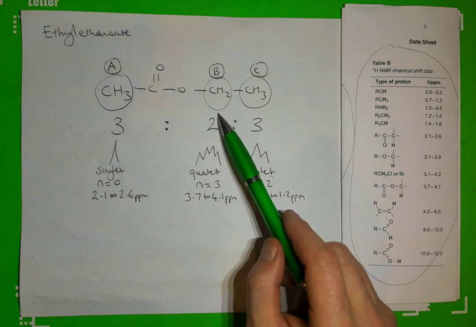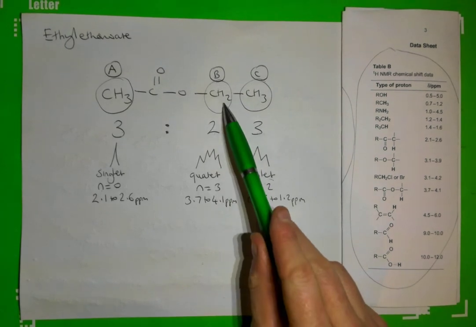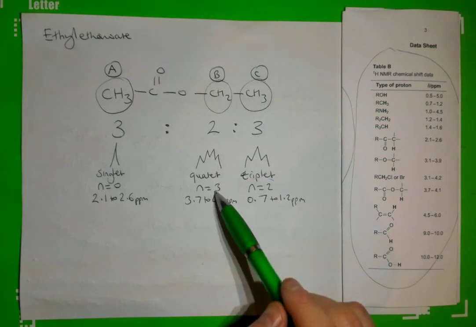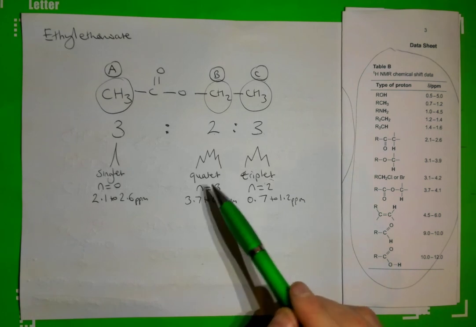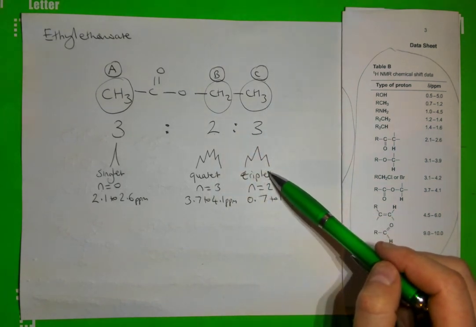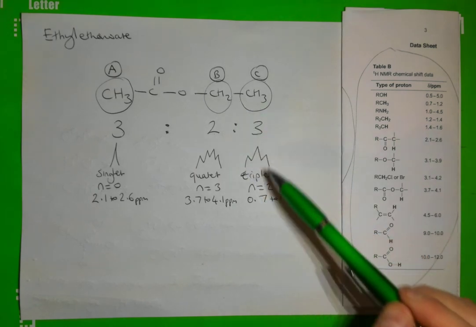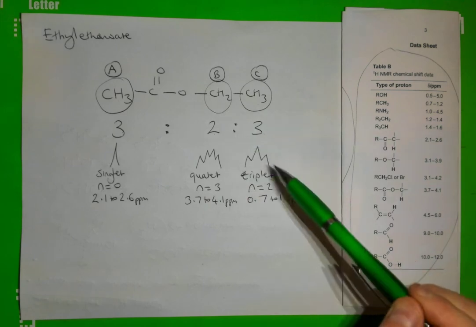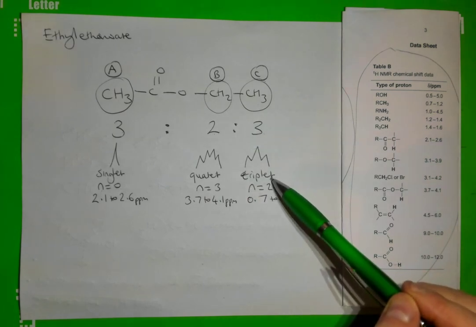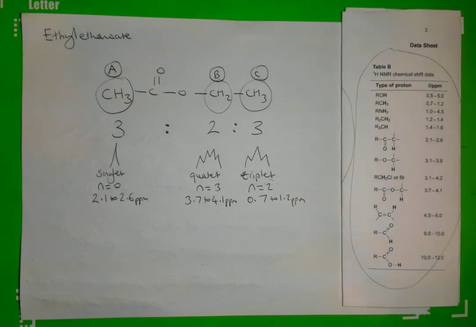Here, 2 hydrogens, it's going to be a quartet because the neighbouring carbon has 3 hydrogens, so N is equal to 3. And here we have a triplet because the neighbouring carbon hydrogen environment N is equal to 2. So we add one on and we get a triplet. And then we've got our parts per million values directly from our data sheet. So that is the proton NMR of ethyl ethanoate. So a little bit more complicated, that one.